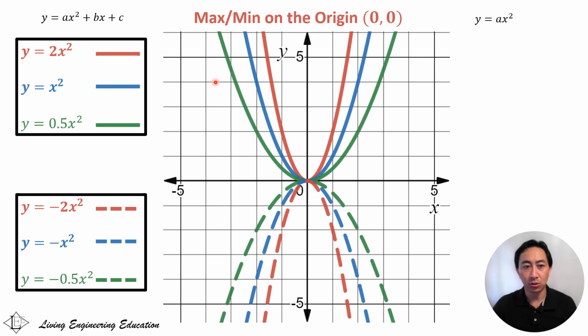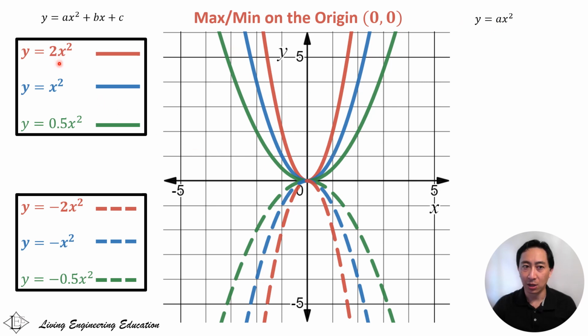And then you also know that if it's giving you a minimum, the a value is going to be positive, and if it's giving you a maximum, the a value will be a negative term. It's also very good to use y equals negative x squared or positive x squared, so a equals plus or minus 1, as a reference point.